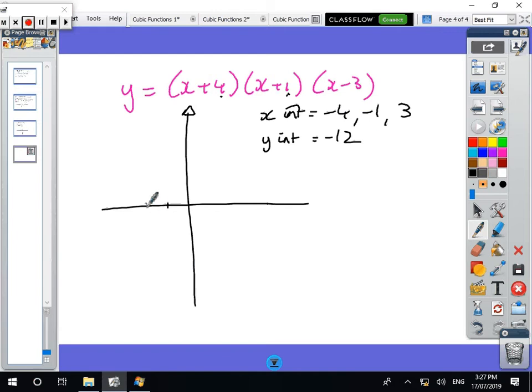So minus 4, minus 1, plus 3. Again, it's going to have that shape.